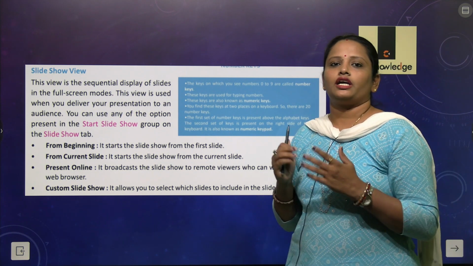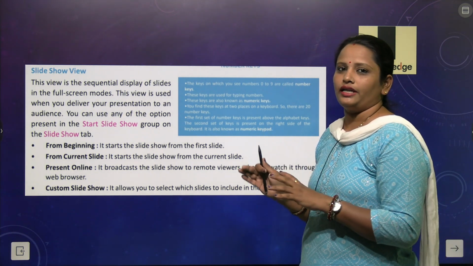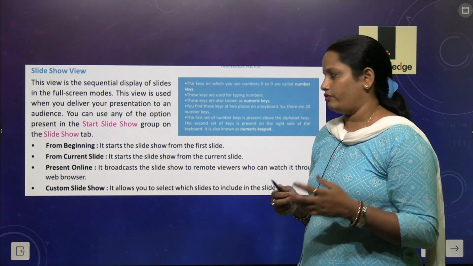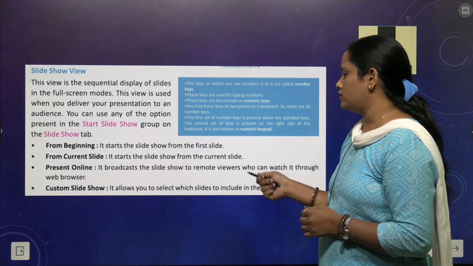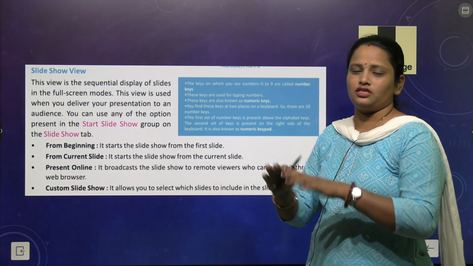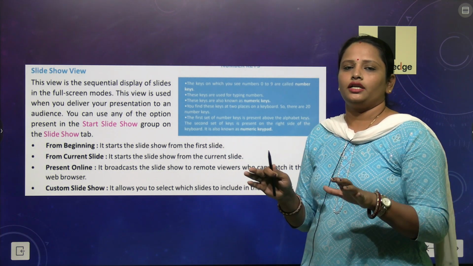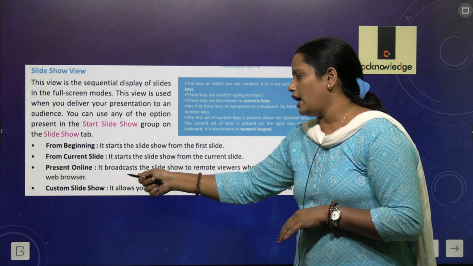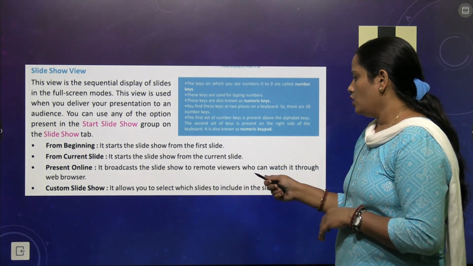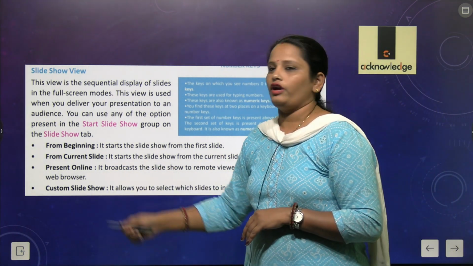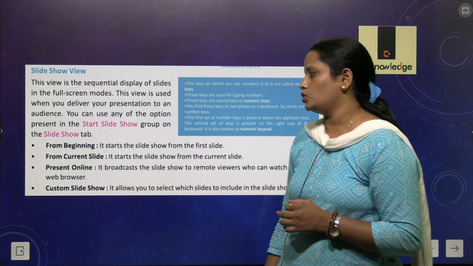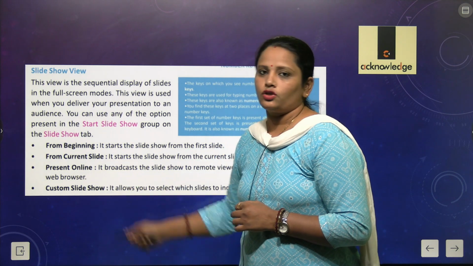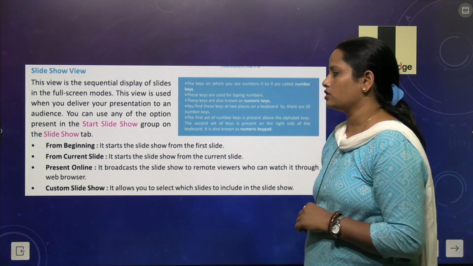By this feature, we can present all the content online to our viewers. It broadcasts the slideshow to remote viewers, who can watch it through a web browser. So the users need a web browser for this Present Online option.